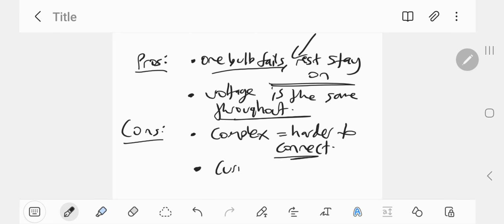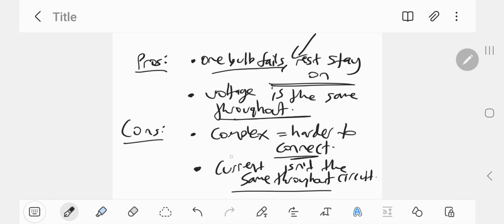Another disadvantage is that current isn't the same throughout the circuit. Unlike in series circuits where there's one big loop, only one pathway for current, in parallel circuits, that's not the case. There's different branches. So they're the two cons for parallel circuits.